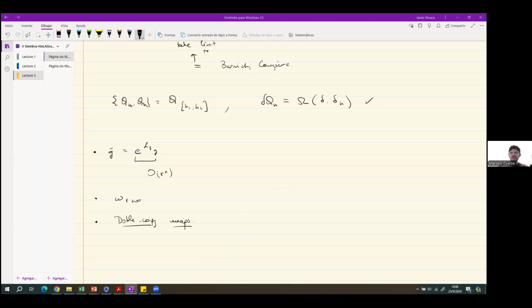May I ask a question? Yes. Javier, thanks for the lecture, super nice. Do you know if this can be extended to other dimensions, like higher dimensions? Well, this embedding map stuff is pretty general, so they did it for general cases, but it would be nice to see if you can extend it.